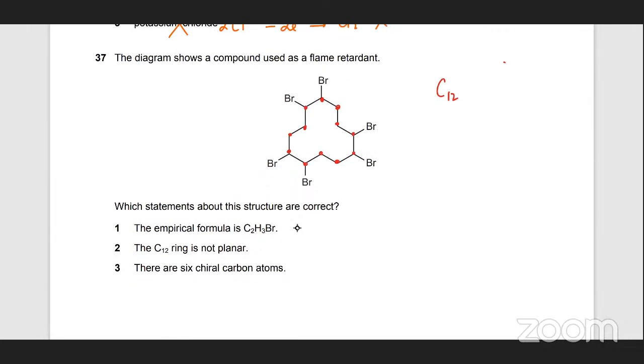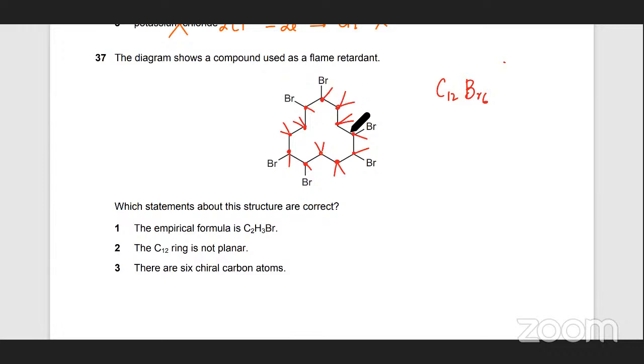So you've got 6 bromines, and you can count the H. That's 2 over here. There would be 2 hydrogens over here. This one will have 1H. Each carbon should have 4 bonds. 1H with this, 1H with this, 2 H's with this, 2 H's with this one, 1H and 1H. Now count the number of hydrogens.